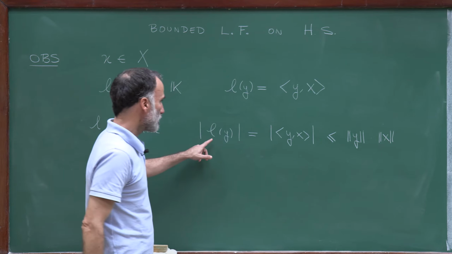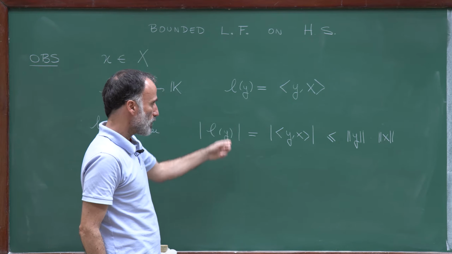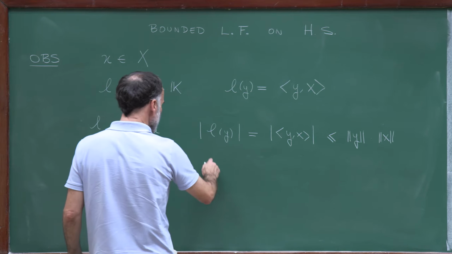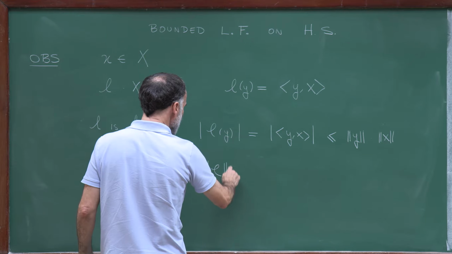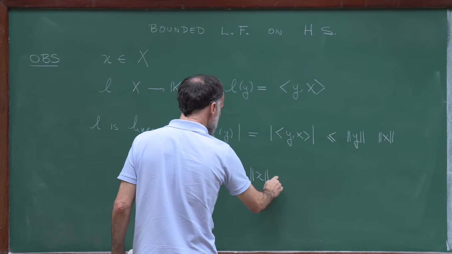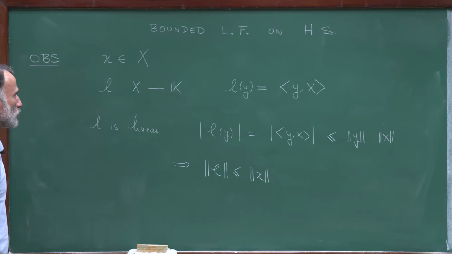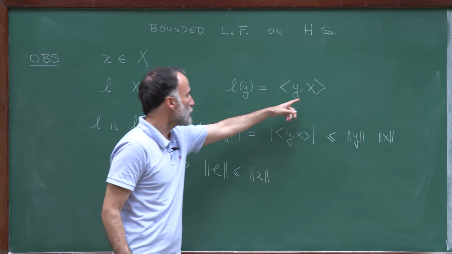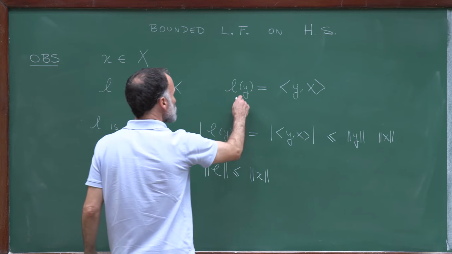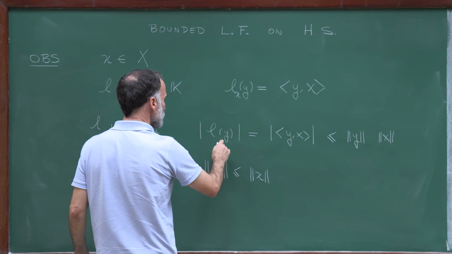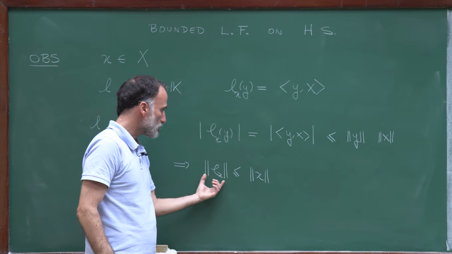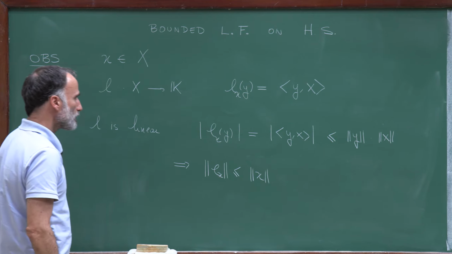And so we get that indeed L is a bounded linear functional, and moreover, that the norm of L is bounded by the norm of x. So we have, in this way, for each element x, a linear functional. Maybe I should represent this linear functional by L of x. And what we proved is that the norm of this linear functional is bounded by x, and this is due to Schwarz inequality.